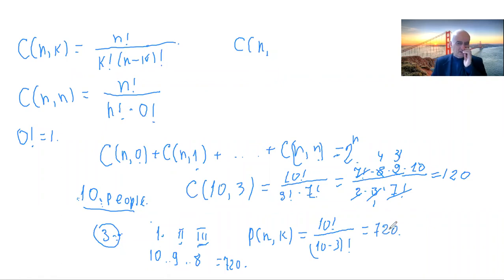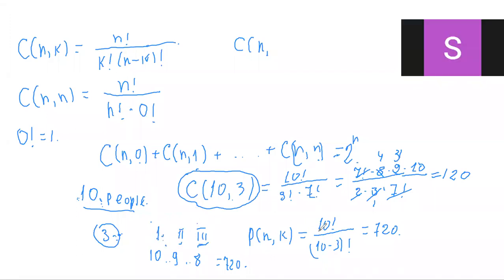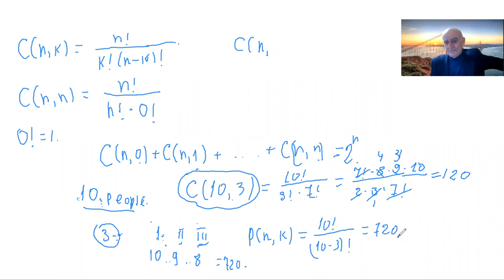Okay. Now, I would like to emphasize to be very careful when you use this formula. When you need to use the formula of permutation, you can use this way, and also you can use the formula.